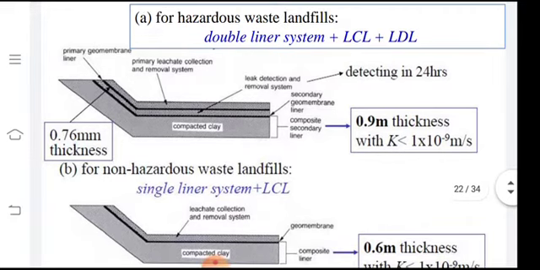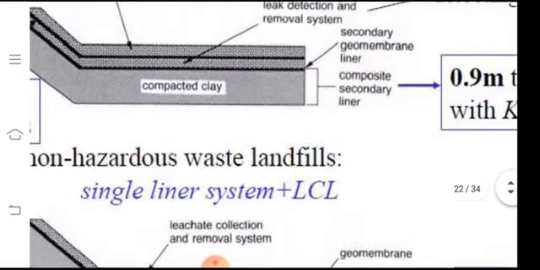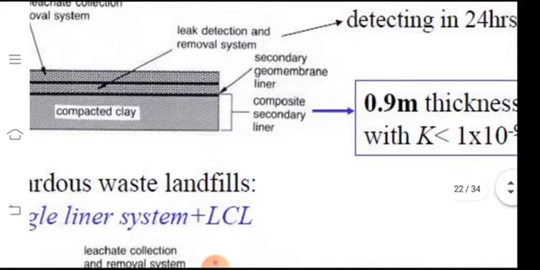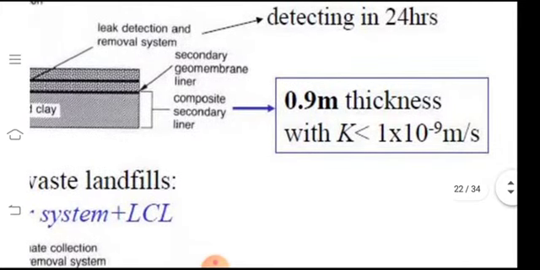If you see this figure, this is the compacted clay, and this composite secondary liner should have this much thickness, and the permeability, the hydraulic conductivity, must be less than 1 into 10 power minus 9 meter per second.